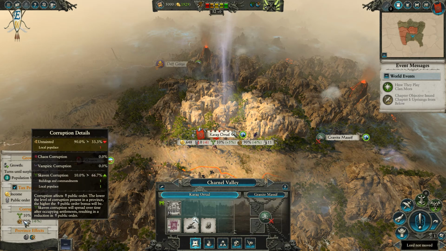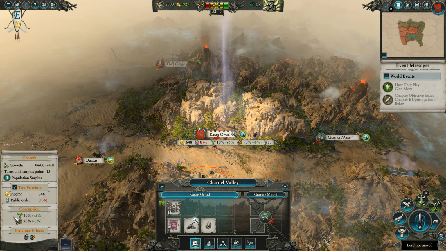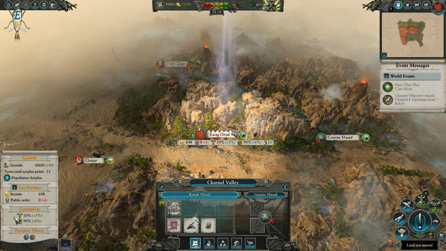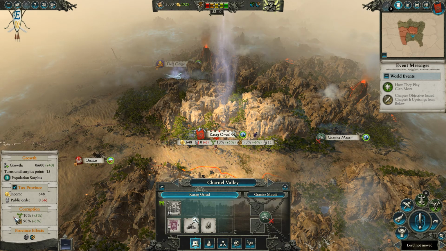Corruption. Okay, so Skaven are a strange faction where they like Skaven Corruption because they cause it, and also they don't mind Untainted. So basically they can have a combination of both in their regions.